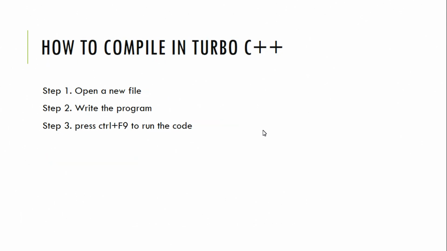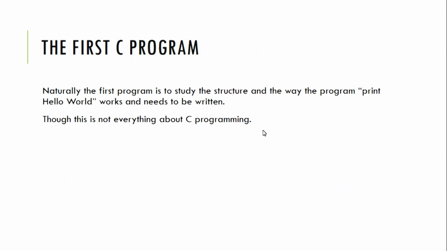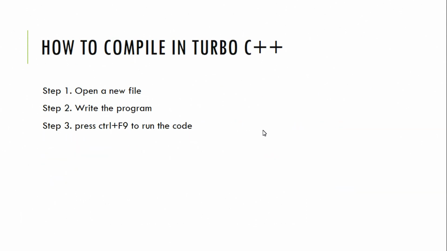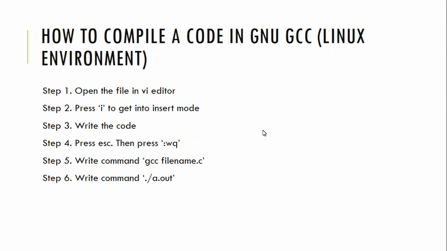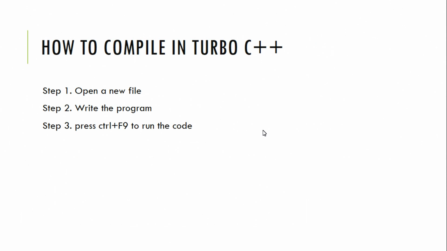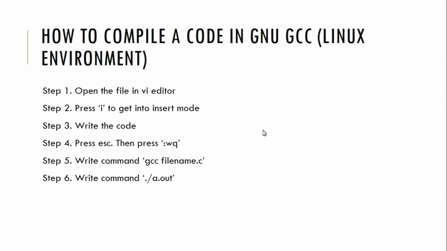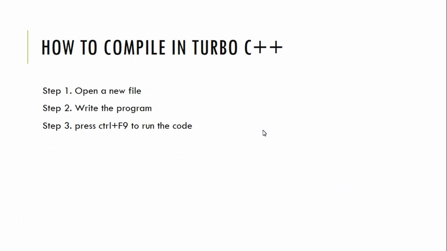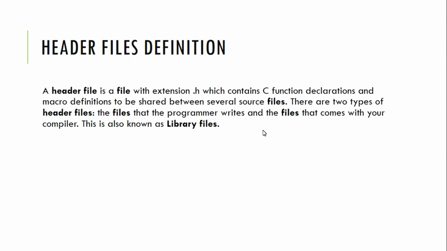Now we know how to compile code in different compilers, which include Code::Blocks, Turbo C++, and GNU GCC compilers. In case you have any problem, comment below, and I will try to clarify your doubts. Anyways, let's move on to the next section, the header files.